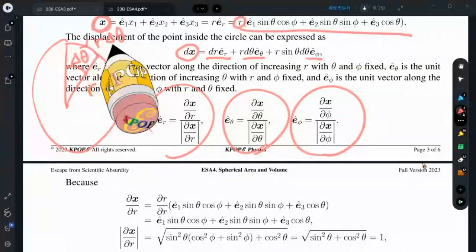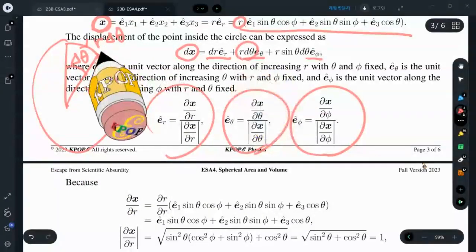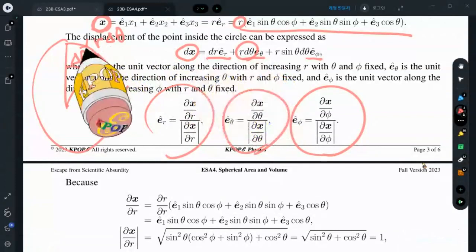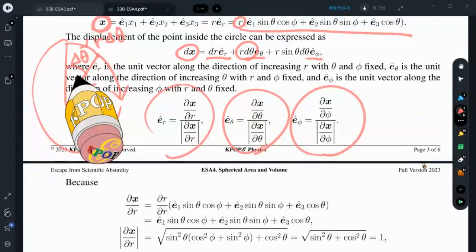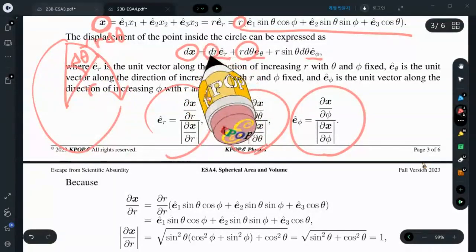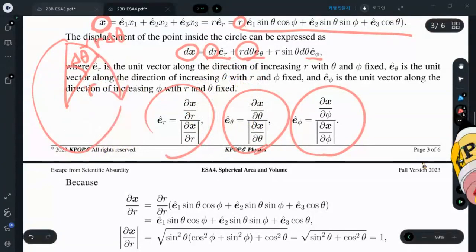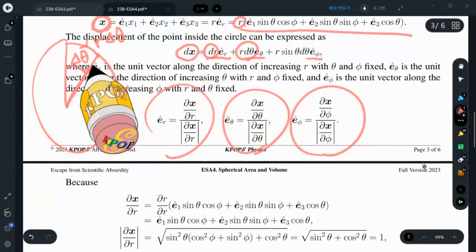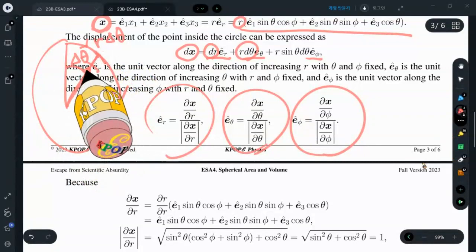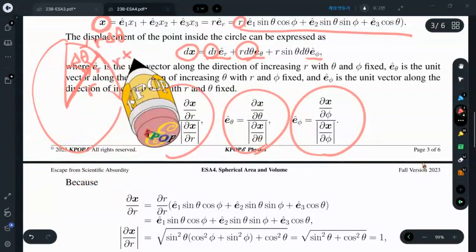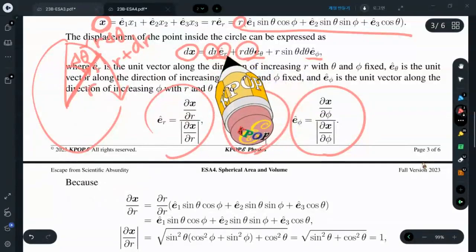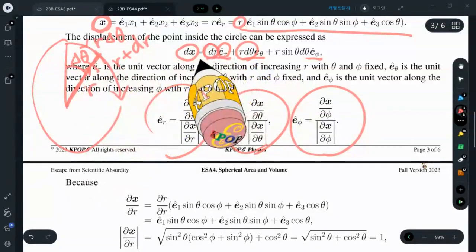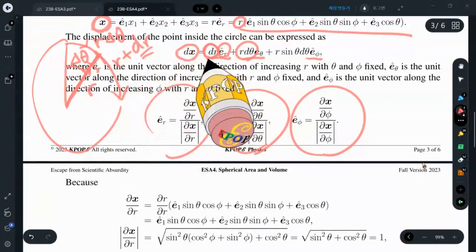In the infinitesimal limit, we have r d theta, the infinitesimal arc length due to the rotation of the polar angle. What is this? This is the displacement along the radial direction. From the radius r to r plus dr, the radial direction has the unit radial vector multiplied by the differential dr.